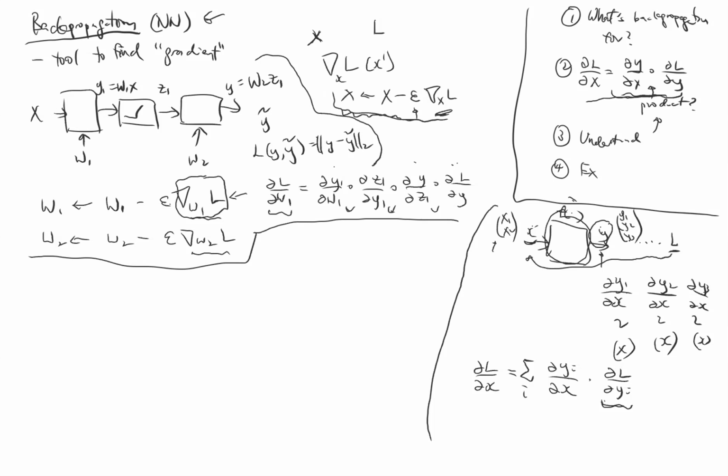Note that each of these partial y, partial x has the same shape as x, and partial L, partial x also has the same shape as x, so the dimensions match nicely. And partial L, partial y is just a scalar. So another way to think of it is that partial L, partial x is just a weighted sum of partial y, partial x, weighted by partial L, partial yi.